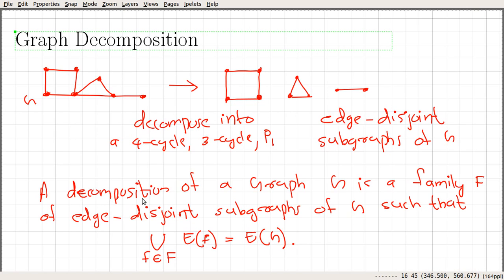The family is represented by F, and F contains its members like F1, F2, F3, etc.